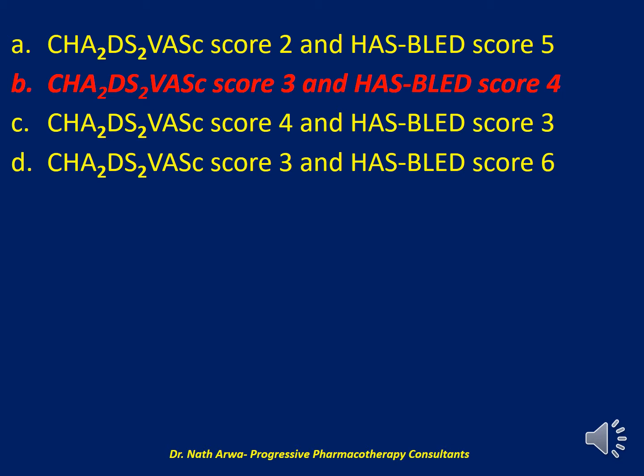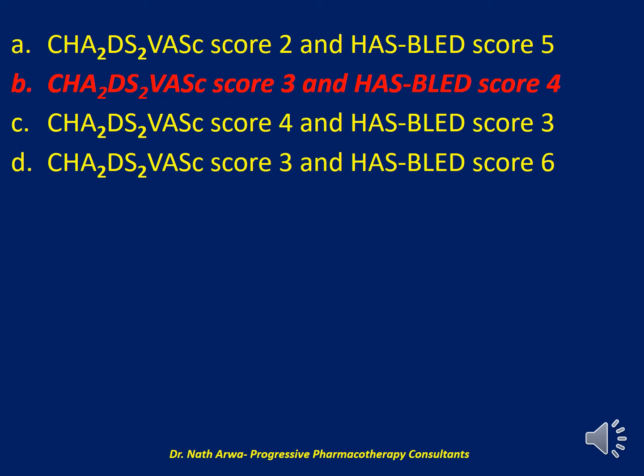He also earns 1 point for age above 65, and 1 more point for medication usage that predisposes him to bleeding. Remember, he takes naproxen, an NSAID, PRN. He also earns 1 point for alcohol usage above 8 drinks per week.